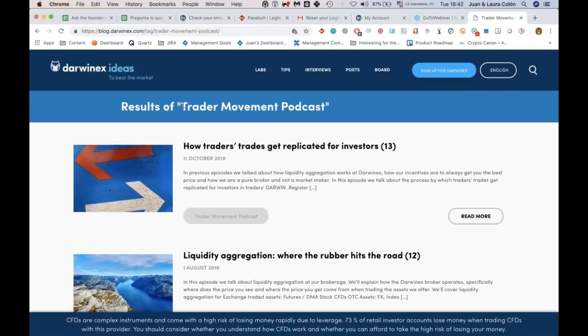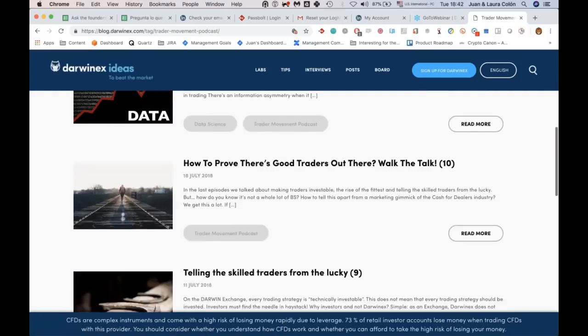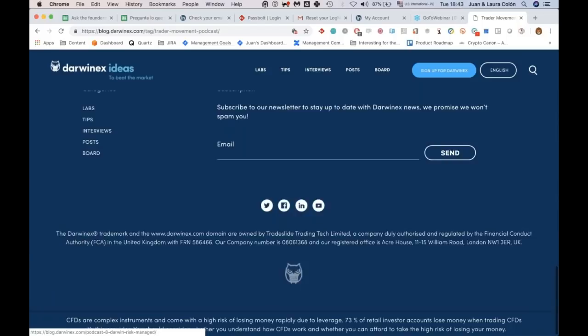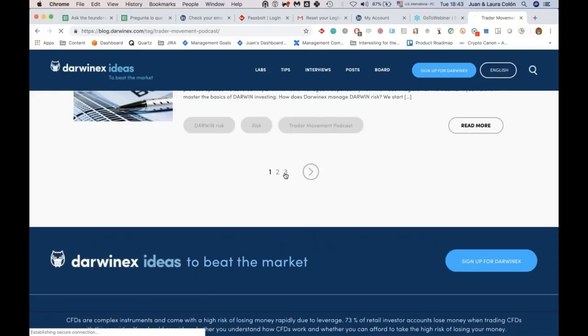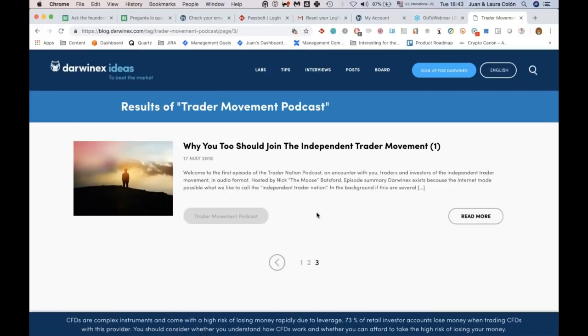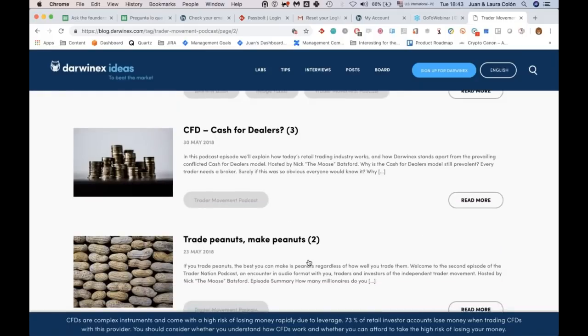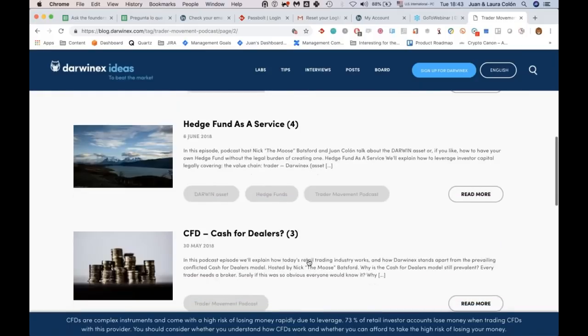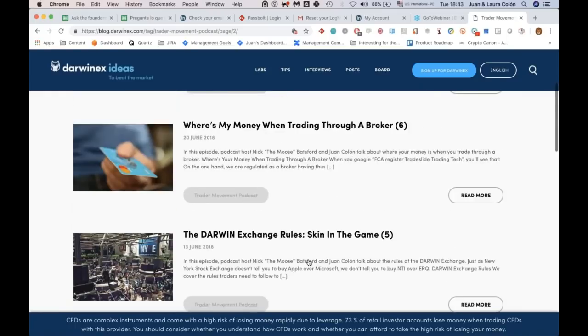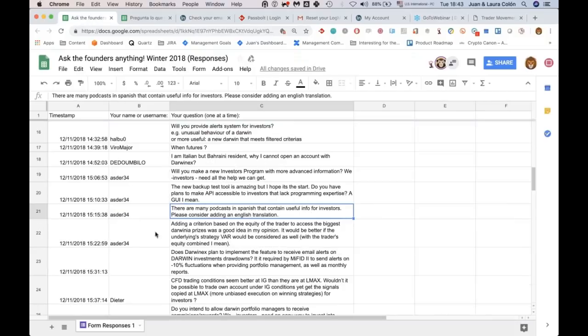If you check Trader Movement Podcast online, it will take you there, and they have a sequence. They start from 1 and gradually build up to the next one. It's a reasonably structured approach to explaining why Darwinex and how the platform works and why it's done the way it is. So I'm happy to say this one we've already done, and you can find it on the blog.